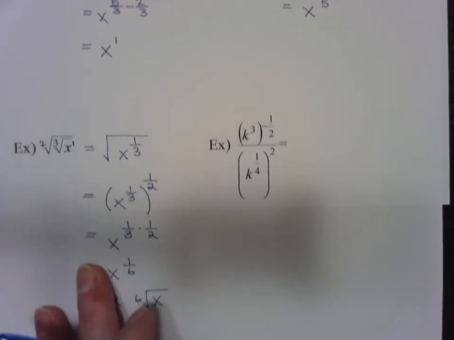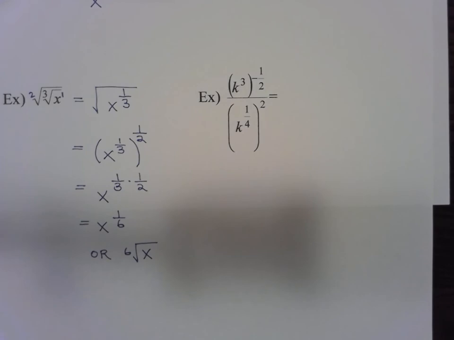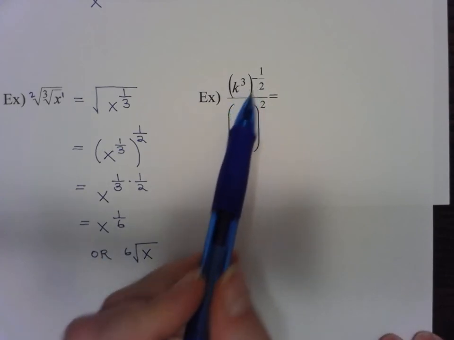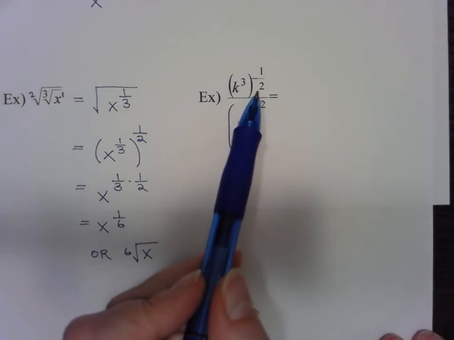There's one more down here at the bottom that usually you have something like this on your homework, so I always try to do one of these in class for you to make sure that you understand it. Really, we're combining a couple of examples that we've just done into one. So the top and the bottom both have one exponent raised to a second exponent.